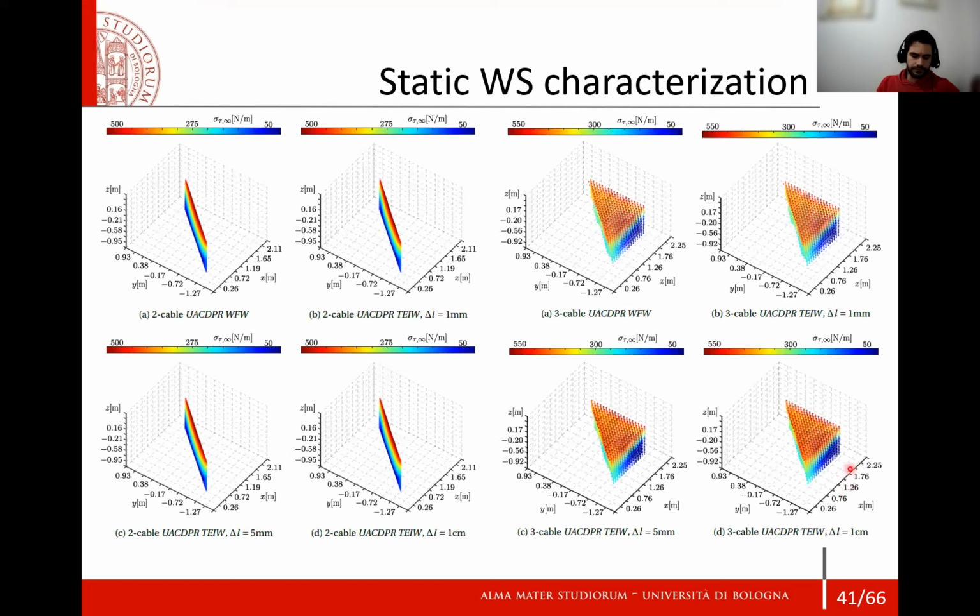In this picture, we are showing planar 2-cable robots and spatial 3-cable robots workspaces characterized by the performance index proposed in the slide before. And also we showed how this workspace varies if we account for cable error limits. For example, this is with no cable errors, this as well. And then we have 1 millimeter, 5 millimeters, and 1 centimeter error.